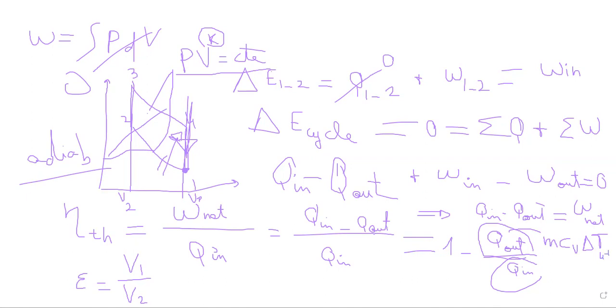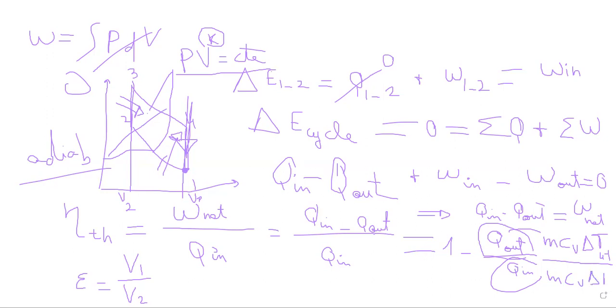Over Qin, because the heat input is from 2 to 3. So over m Cv times delta T from 2 to 3.